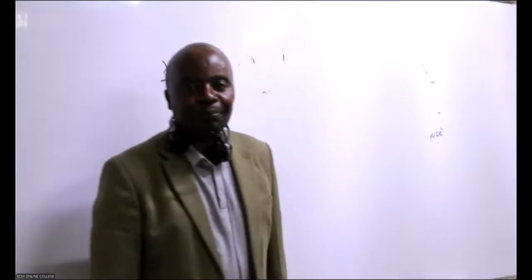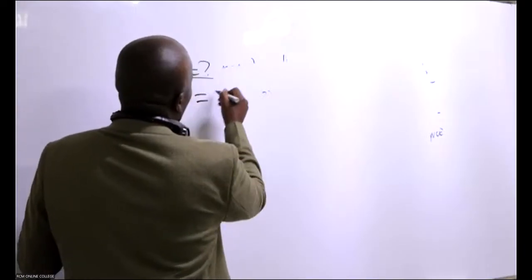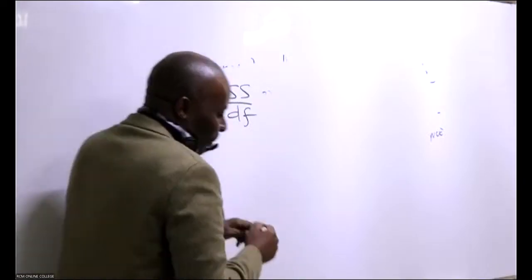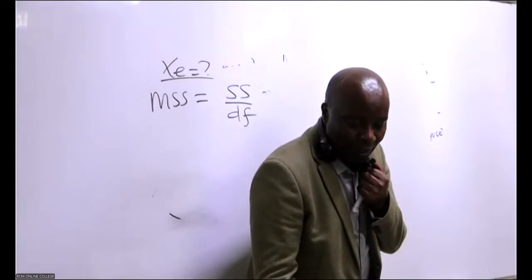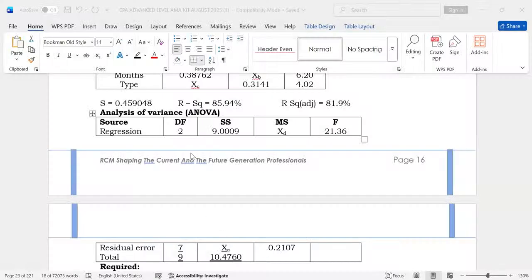So MSS equals SS over degrees of freedom. In this row where we have XE, I can see the degrees of freedom column has 7. For the sum of squares, what do we have there, somebody? 0.2107. So it's about plugging in.